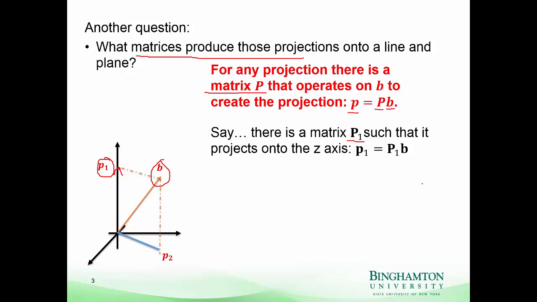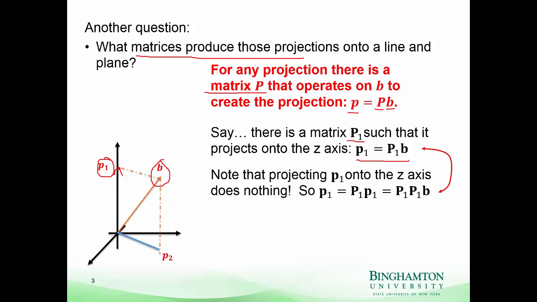Now suppose I imagine taking that vector, little p1, which is right there, and I project that. So I'm projecting p1 onto the z-axis. Where does it go? Well, it doesn't go anywhere. It stays right there. So we can say that P1 times p1 gives us the same as p1.